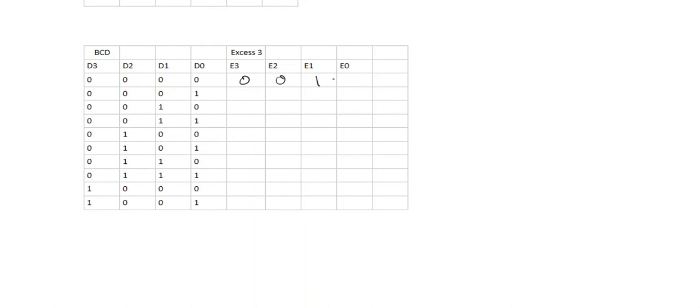So the value is 0011. Similarly, 1, when I add 3 to 1, it becomes 4, so 0100. 2 plus 3 is 5. 0010 plus 0011 gives 0101. Similarly 011, when I add 3 to this, it will become 6. So 110 with carry 1.